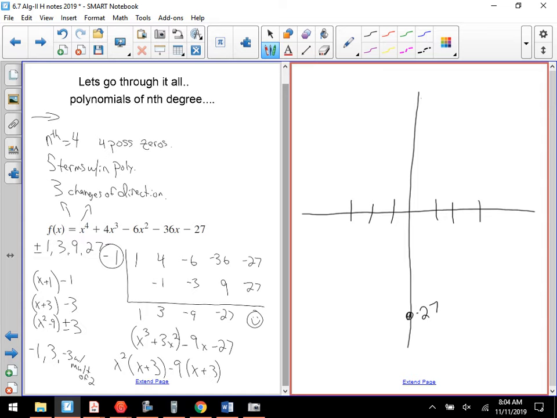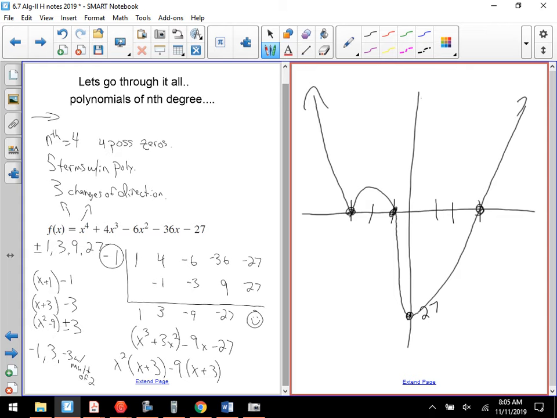Our tails are up. So the -3 has multiplicity. So as it's working its way down, it's going to hit here, go up through the 1, and go. That's what that should look like.